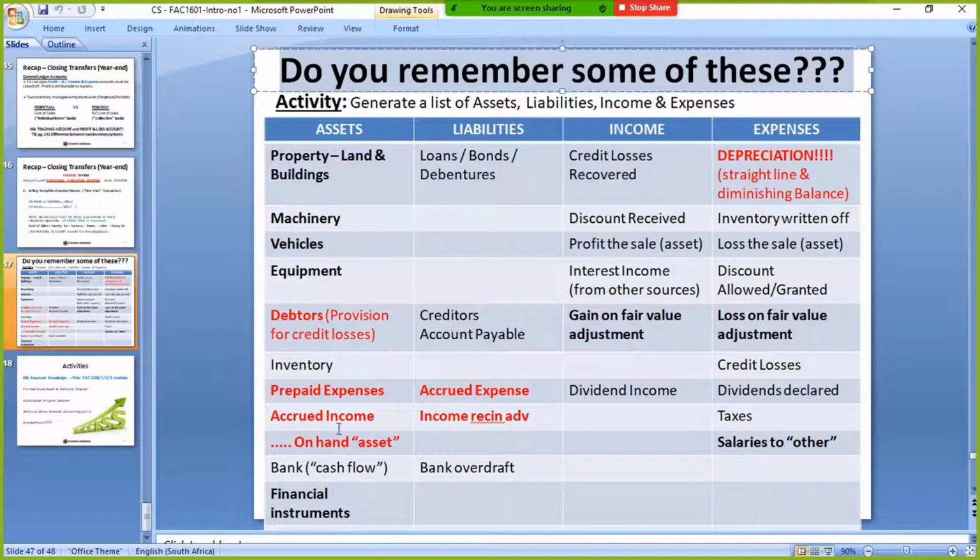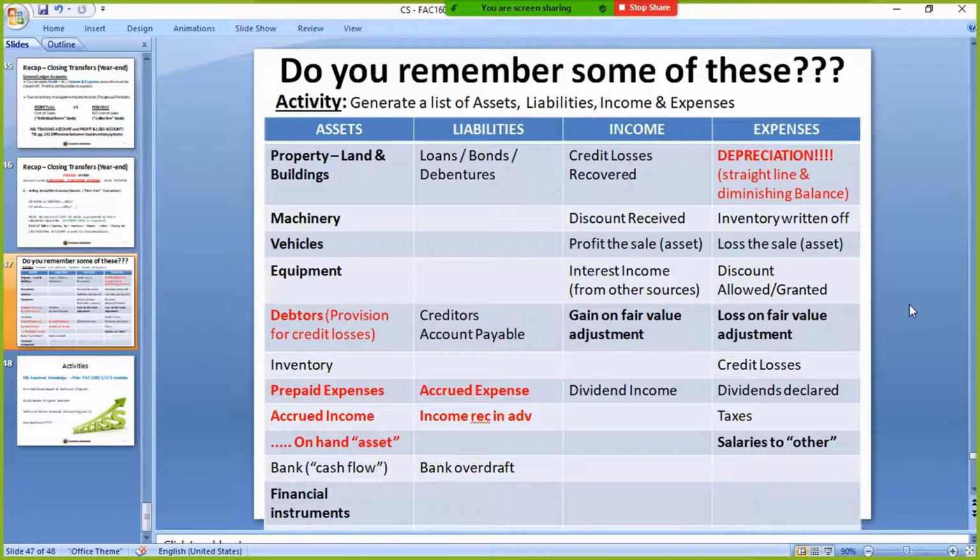I'm going to quickly give you a chance to look at them. Are there any points up here that you're not so sure about? These are things that you would have covered in 1502, and a lot of it we've actually looked at already from last week and this week.